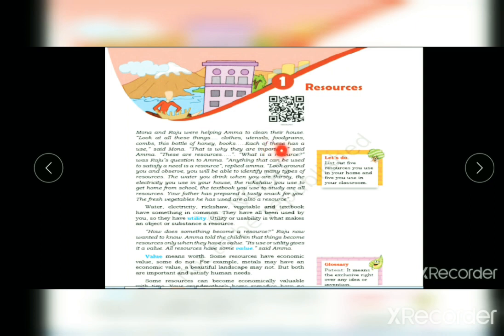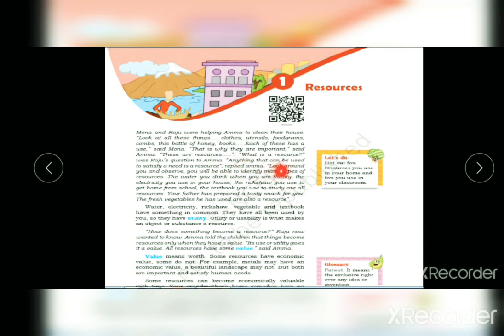Each of these has use, said Mona. That is why they are important, said Amma. These are resources. What is a resource? was Raju's question to Amma.